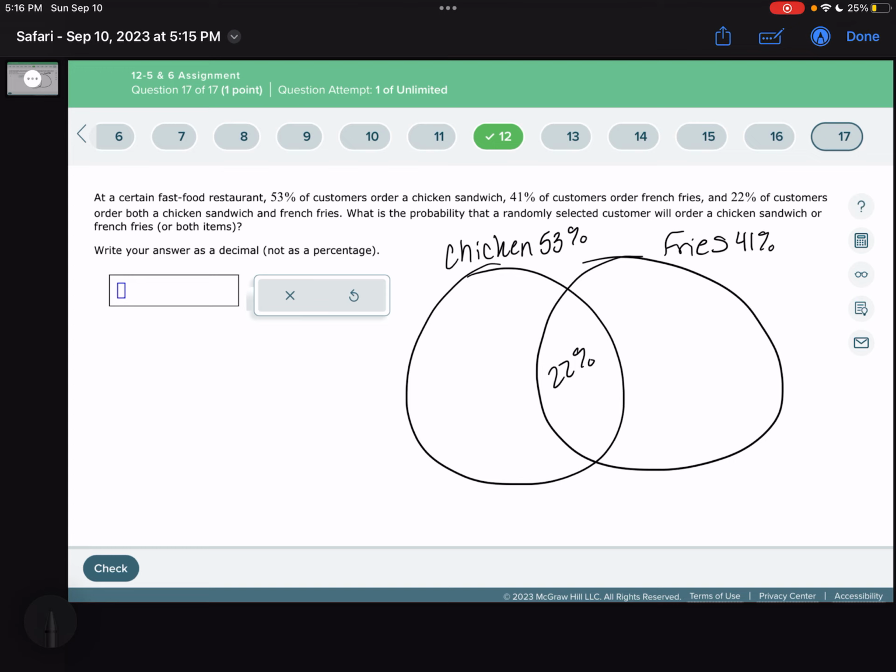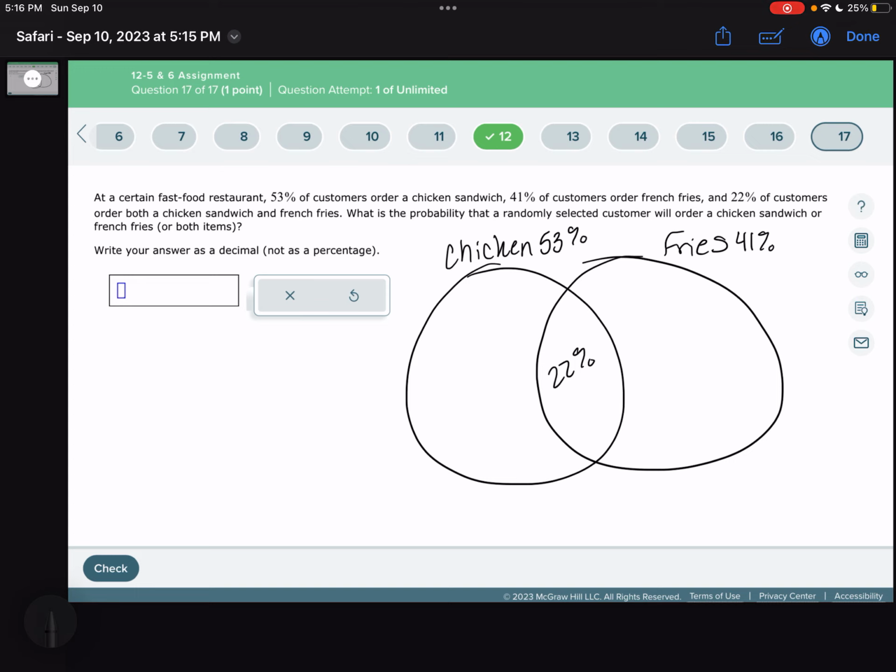If I was to just add all of these numbers together, if I did 53% plus 22% plus 41%, that's going to give me 116%. And we know that our probability cannot be greater than 100. That's just not how probability works, because you can't have a greater chance of something happening than it just happening.